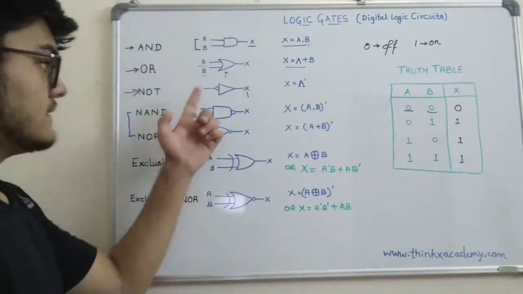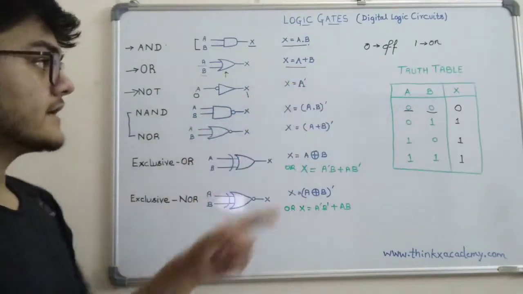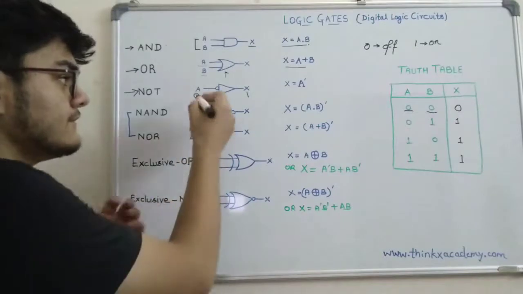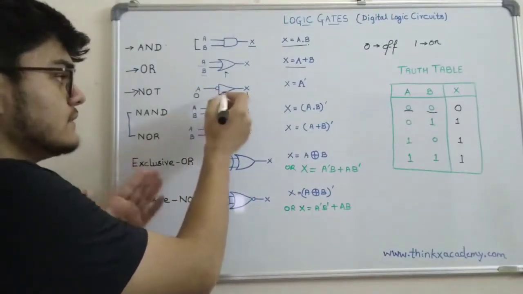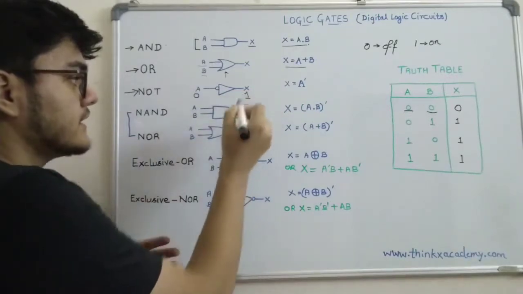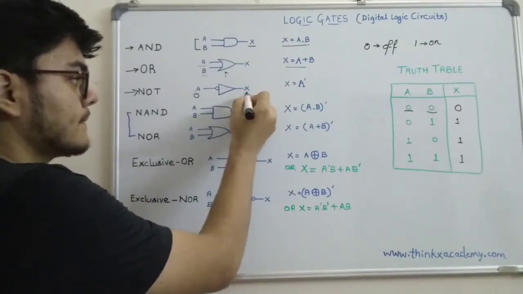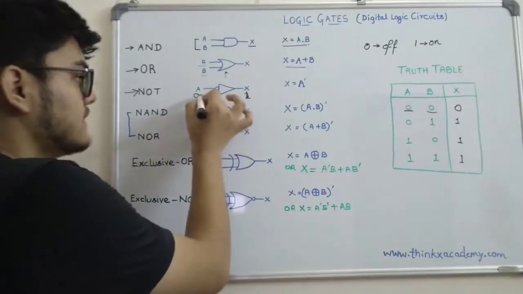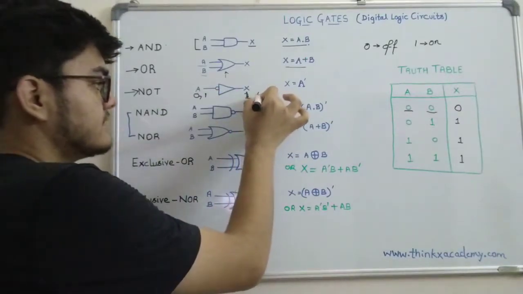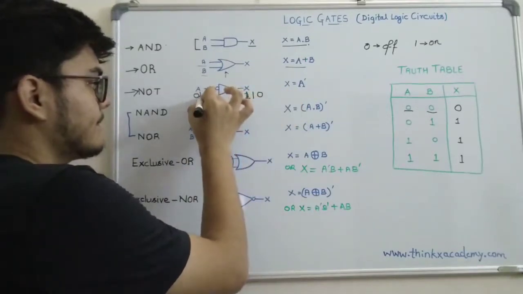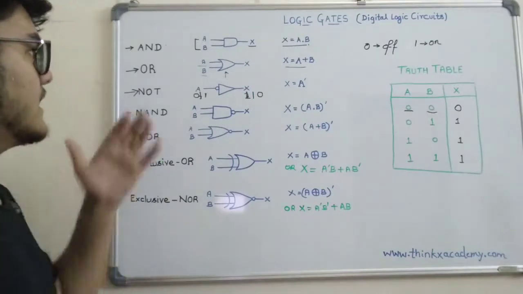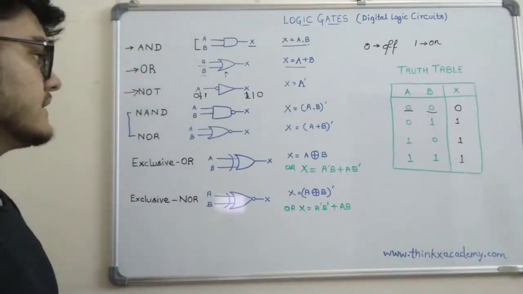If the signal is there, it is marked as 1, and if there is no signal, it is marked as 0. So if you give 0, or there is no signal passing through the NOT gate, it will convert it to 1. And if the input signal is 1, then the output will be 0. So the NOT gate is also very simple.